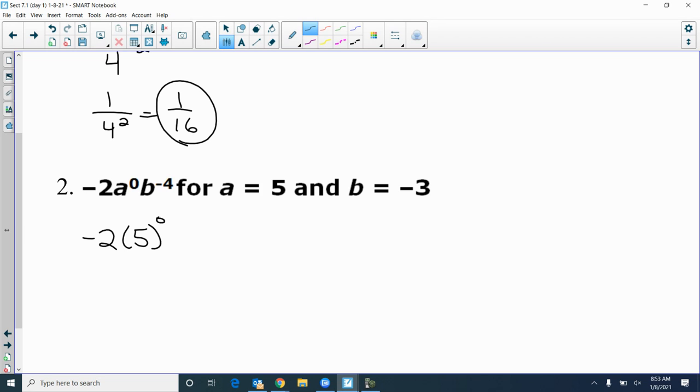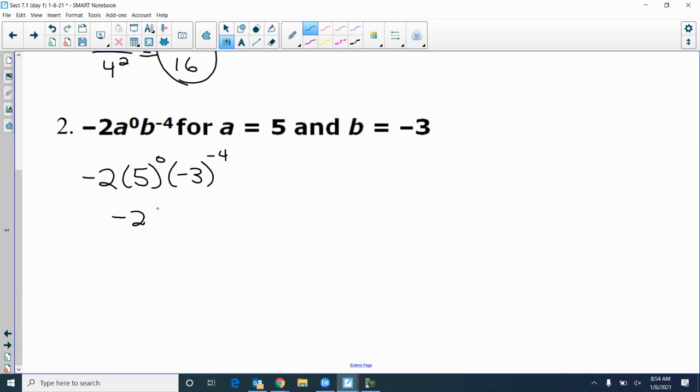Since the b is to the -4th power, you definitely need to keep the negative in the parentheses, and it'll look like this. Okay, what's 5 to the 0 power? 1. So that becomes a 1. So I got a -2, that gets replaced by 1.